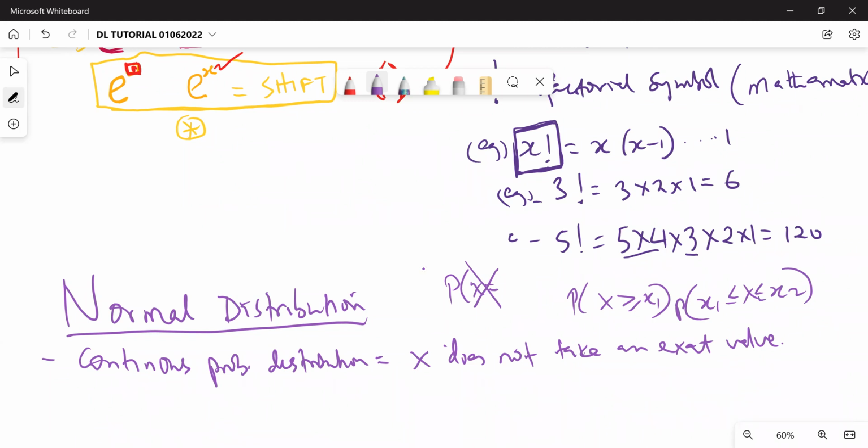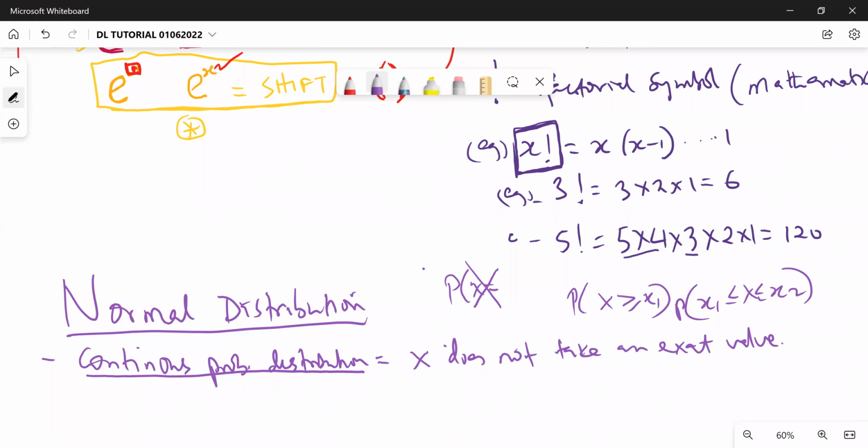So the normal distribution, as I mentioned earlier, is an example of a continuous probability distribution. And it also happens to be one of the most important probability distributions. There's a joke that I usually tell some people. I don't know that it's a good joke, but I usually tell them that when the other probability distributions grow up, they want to be the normal distribution.